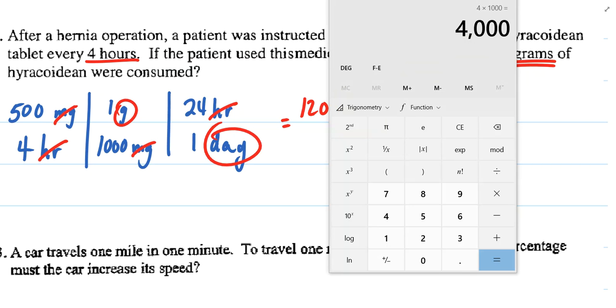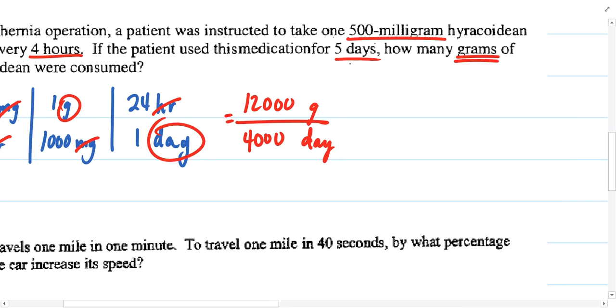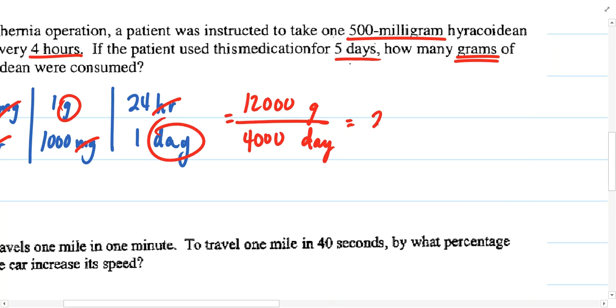And 4 times 1,000 is 4,000 days. So this person would consume 12,000 grams in 4,000 days, but that doesn't help us out too much. So we'll take the 12,000 divided by the 4,000, and we have 3 grams per day.